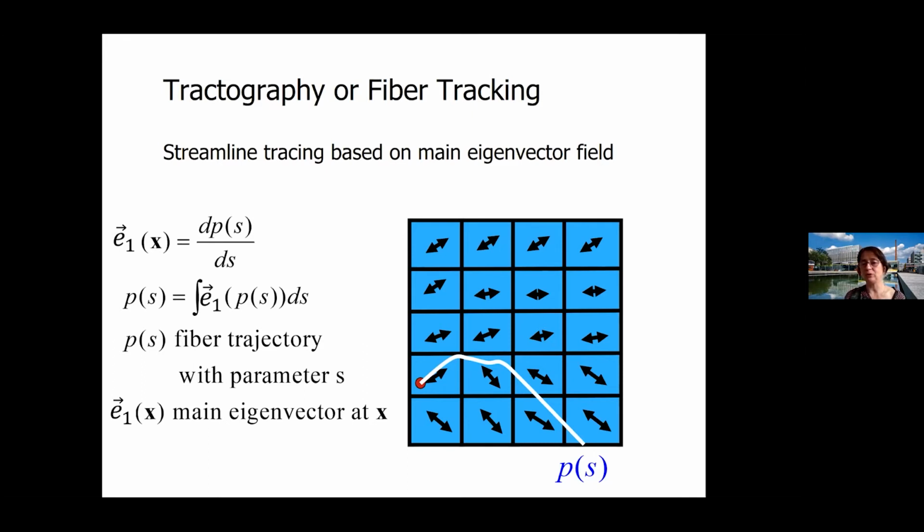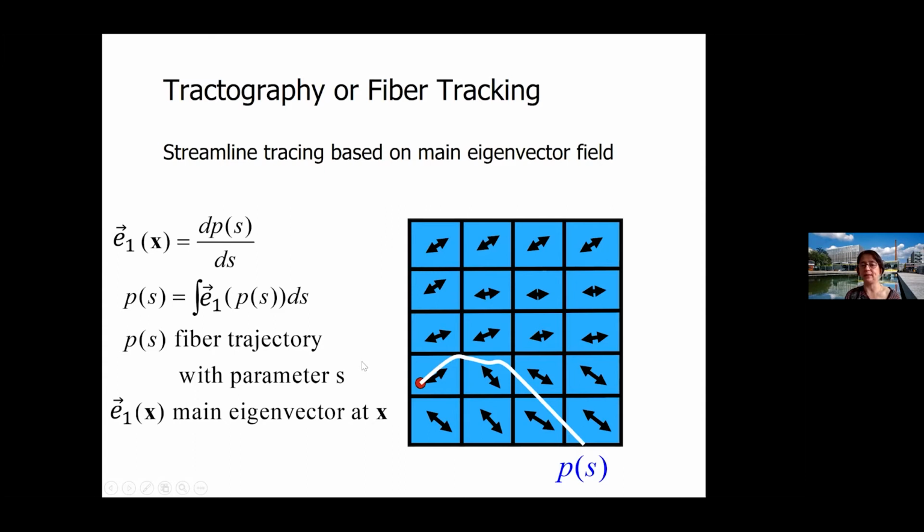So basically what you do is you see your field like a vector field, and you try to integrate through it. So you say that your vector is basically a tangent of a path of the molecules or the fibers that are forming your data. So basically what you do is you do an integration of this vector field.